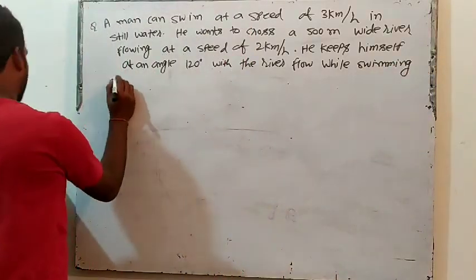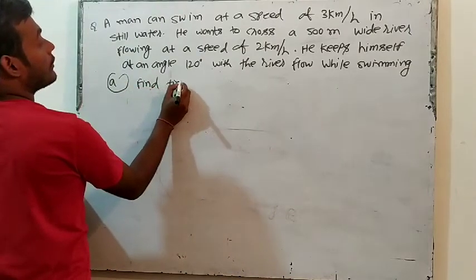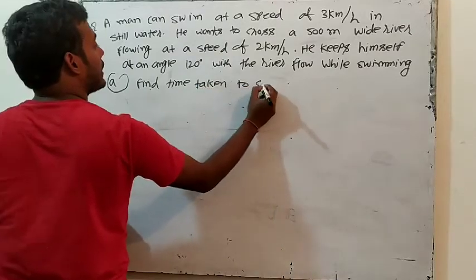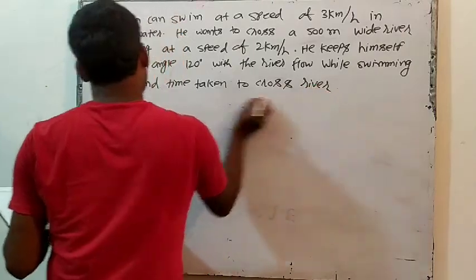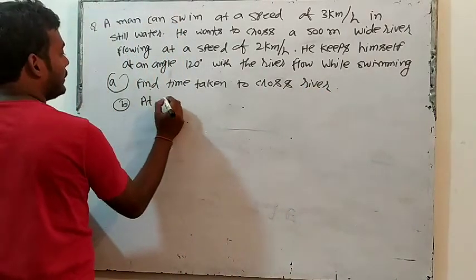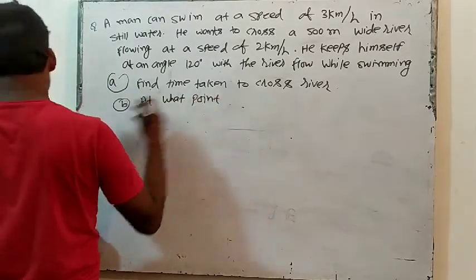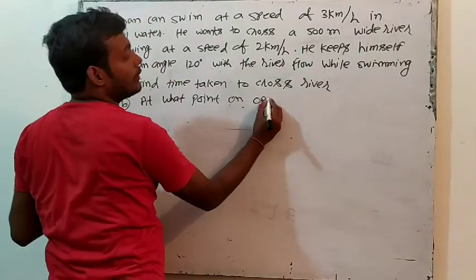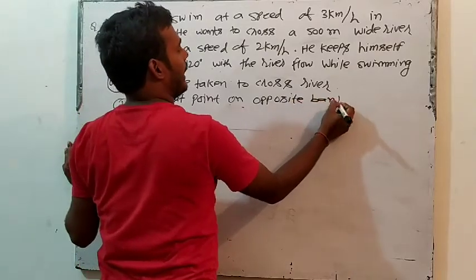The first question: find time taken to cross the river. The second question: at what point on the opposite bank will he arrive?